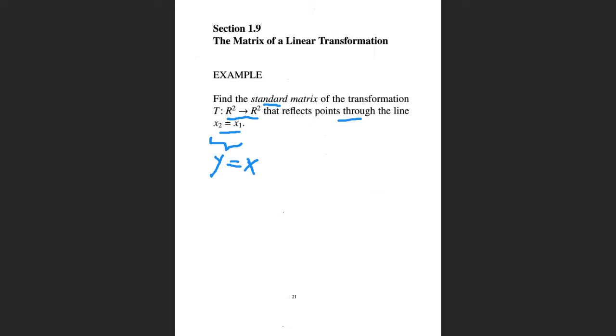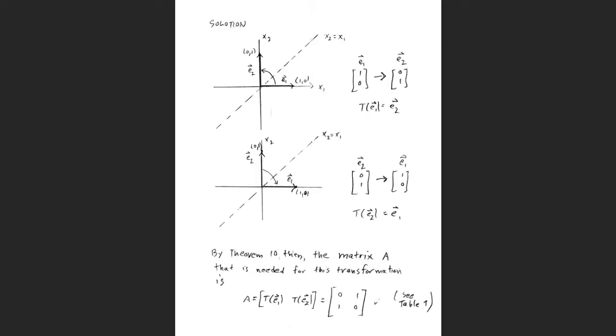Now let me see. Mikhail has an answer here. And actually, Mikhail, that answer is actually correct. Very good. Let me show you how we do this. So I have a very detailed solution here.